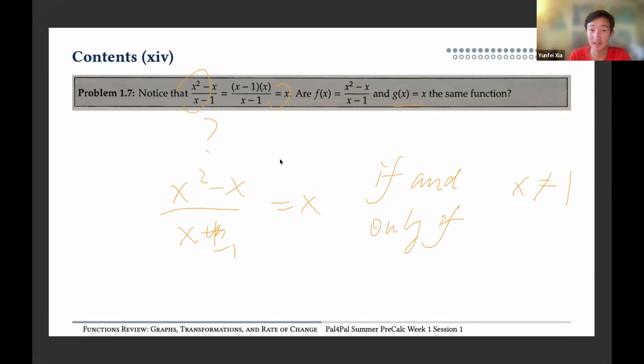Because otherwise you have 0 in the denominator, which is not very nice to deal with. So then they are the same function for x not equal to 1. However, they're not the same function when x is equal to 1. And in short, they're not the same function.